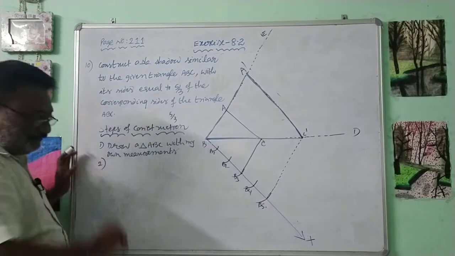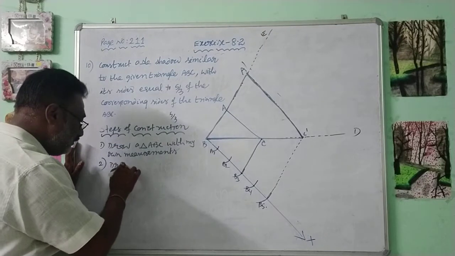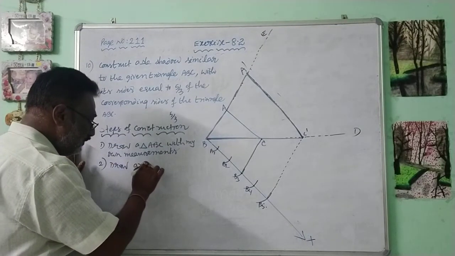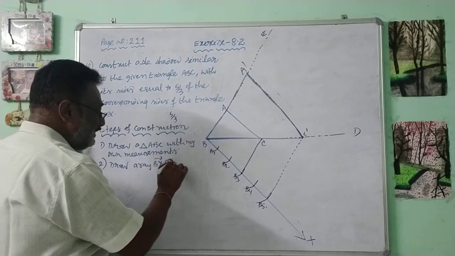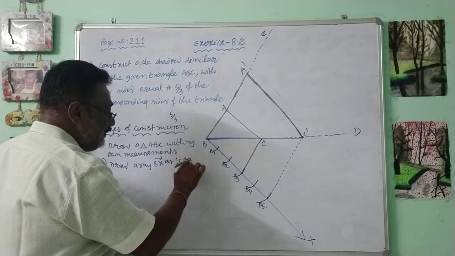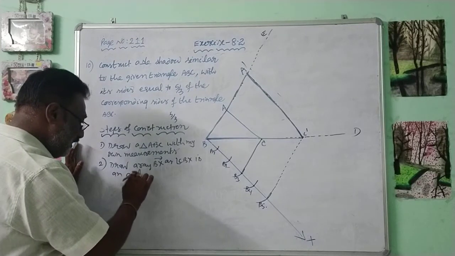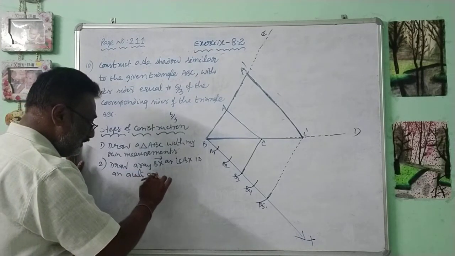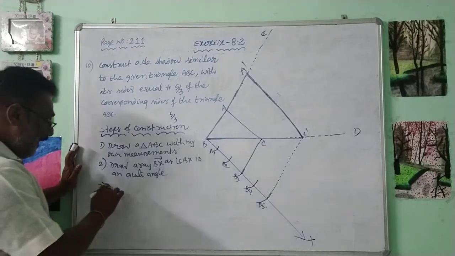Second step, draw a ray BX such that angle CBX is an acute angle.